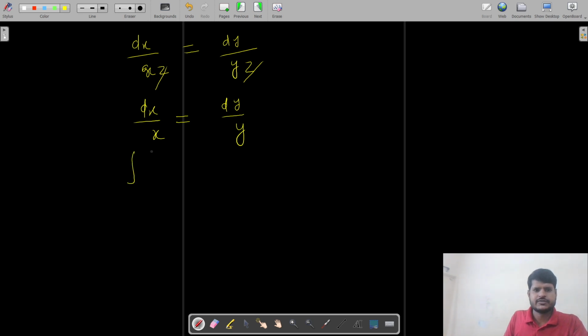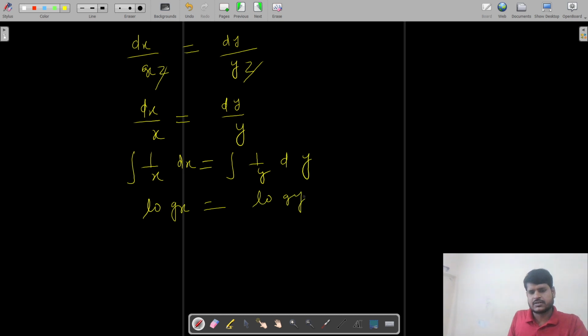Now integrating, we can write 1 upon x dx, integration of 1 upon y dy. This is log x equals log y plus log c1.